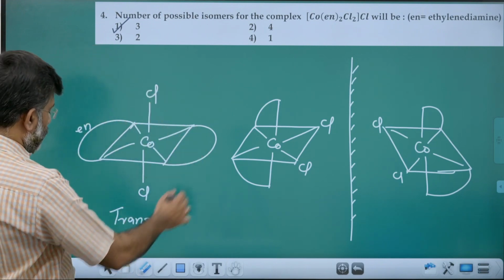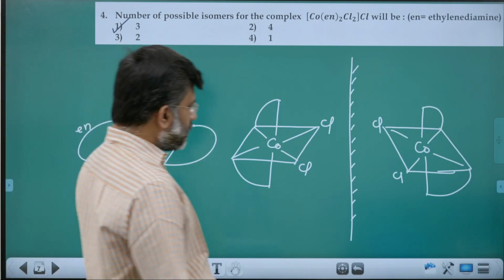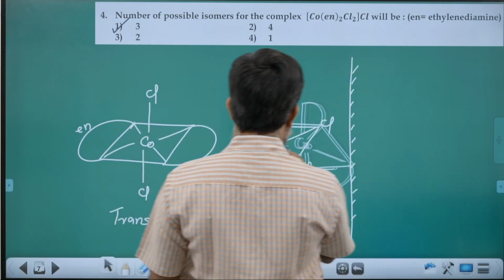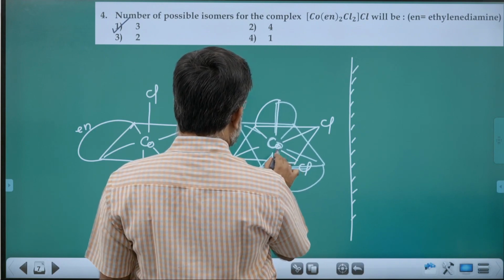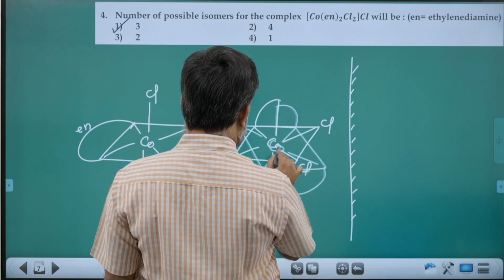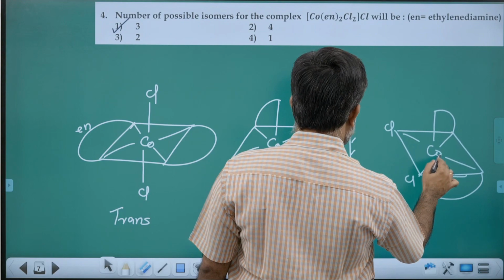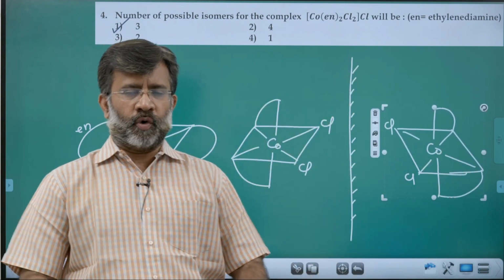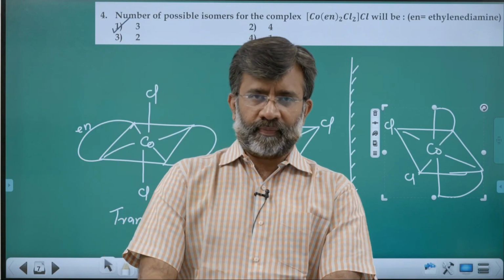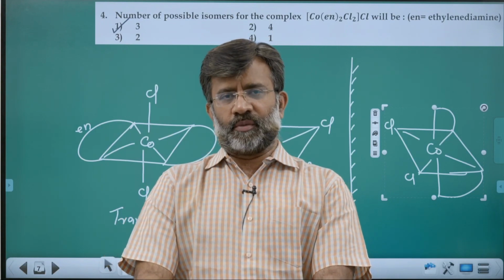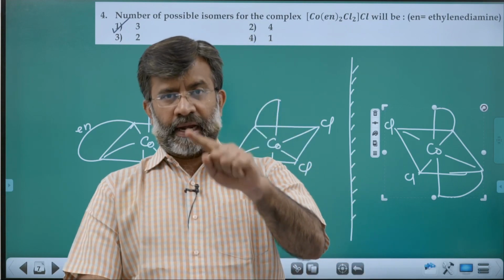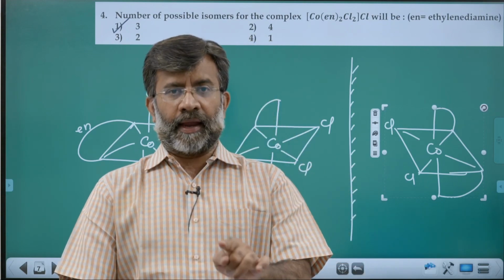While that is not possible here. If you try to place this molecule over here, it makes a non-superimposable mirror image. Hence, they are optically active, they are chiral. If one is dextro, the other is levo. So, the total number of isomers given by this molecule is 3: cis dextro, cis levo and trans.